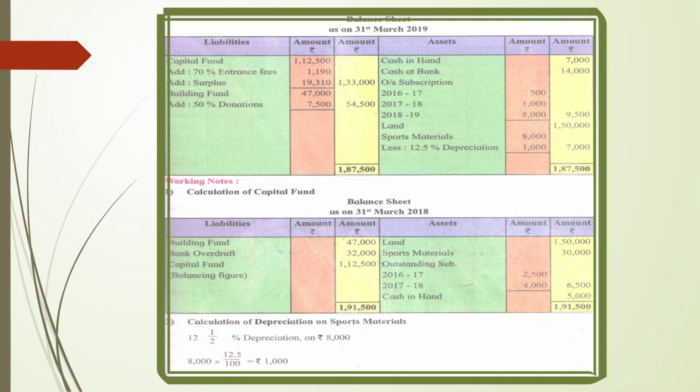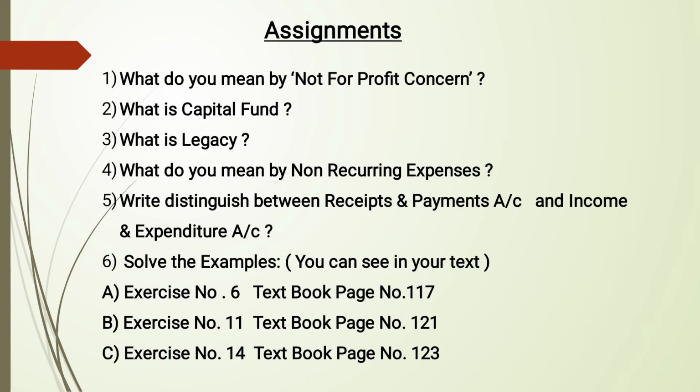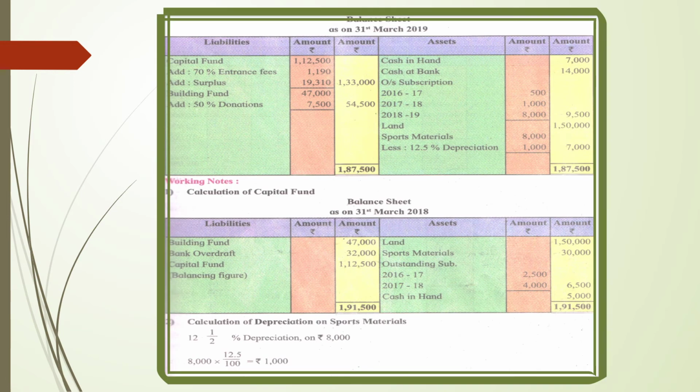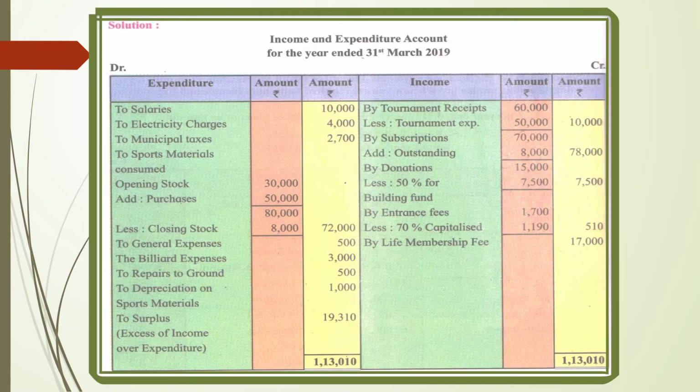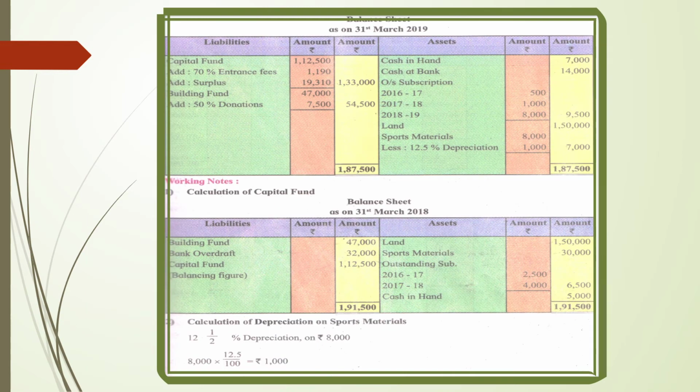Clear this point? So see again, write first the adjusted subscription amount of the current year, that is 70,000. The 70,000 of subscription amount is mentioned on the income side, by subscription 70,000. And let us see adjustment number 5.